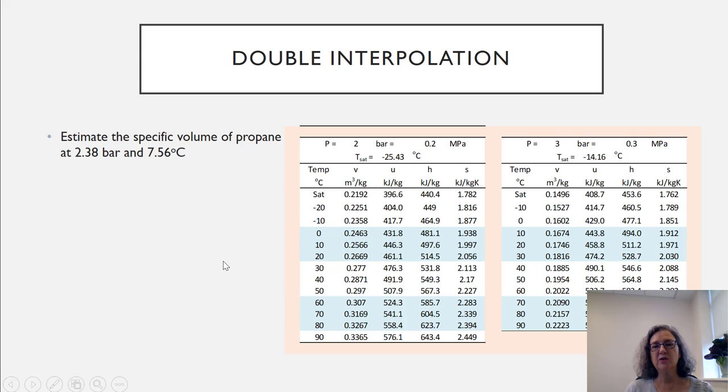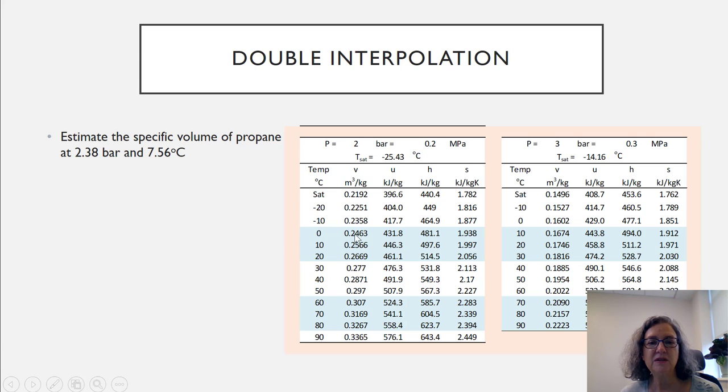But then we also remember from thermo that sometimes we have to do what's called double interpolation. So in this case, I want 2.38 bar and 7.56 degrees C. Well, the pressures I have available are 2 and 3 bar and 0 and 10 degrees C. So to do double interpolation, you're interpolating in two variables, but it requires 3 steps of interpolation.